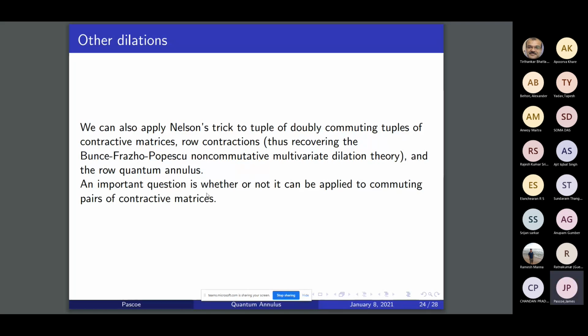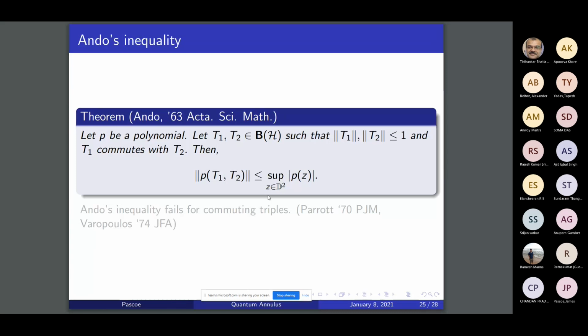So an important question is whether or not this trick can be applied to pairs of commuting contractive matrices. Let's get to why we think that might work or might not work.